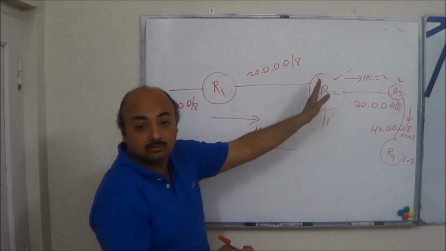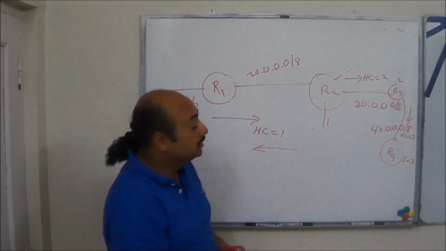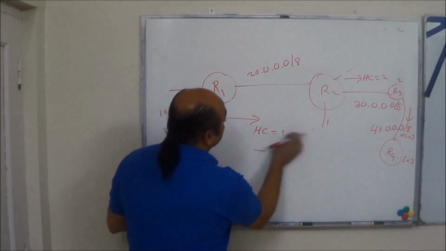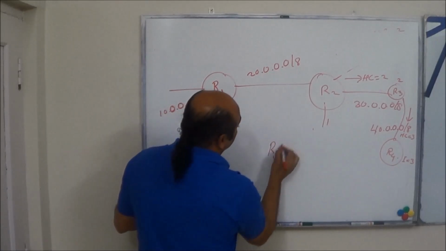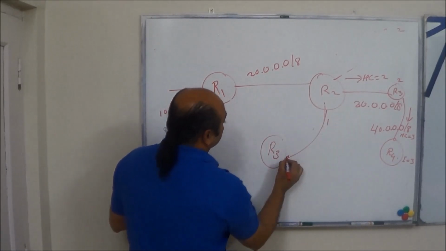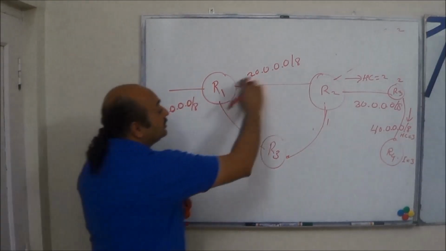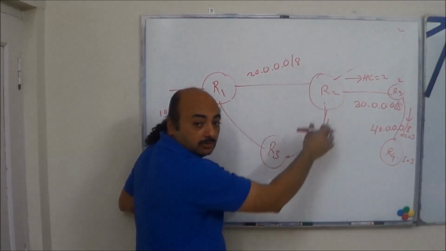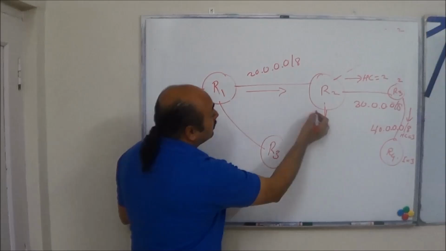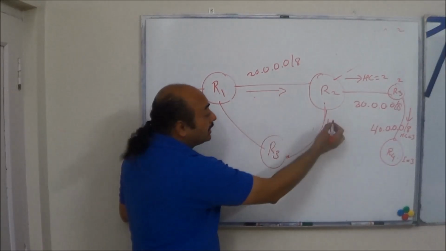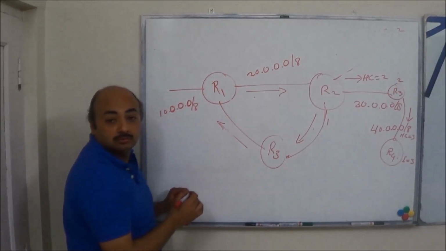Now, split horizon and split horizon with poison reverse are used for breaking loops between directly connected devices, R1 and R2. But if you had a situation like this, the hop count would keep on incrementing. R1 is sending to R2. R2 is not sending back to R1, but R2 is sending to R3, and R3 is sending to R1.